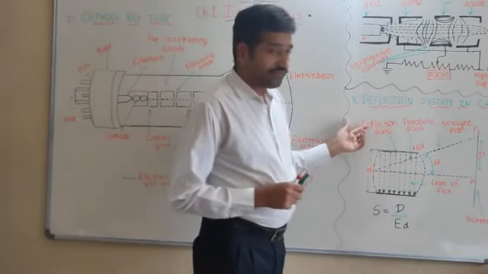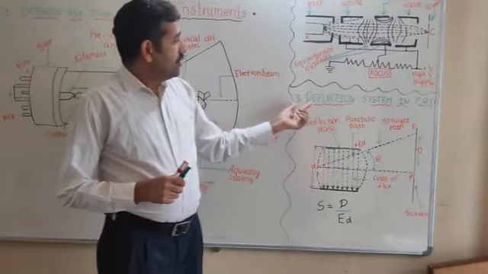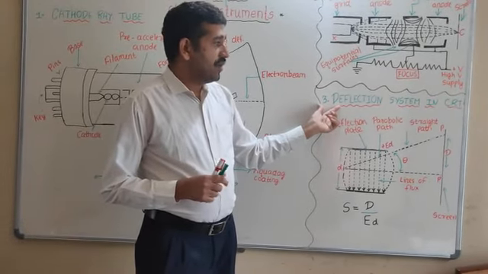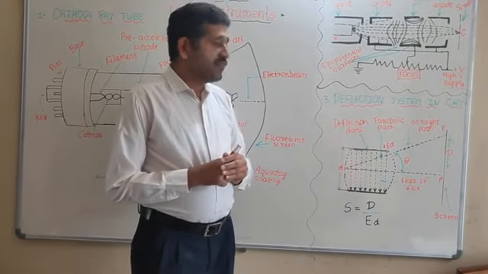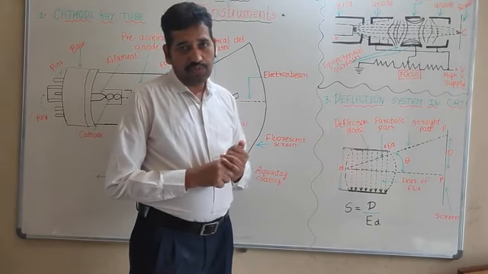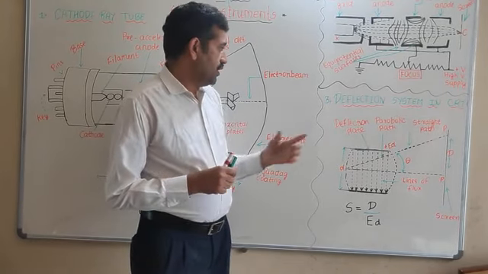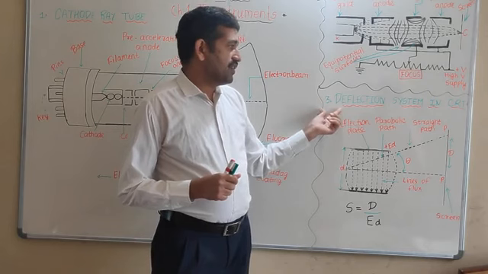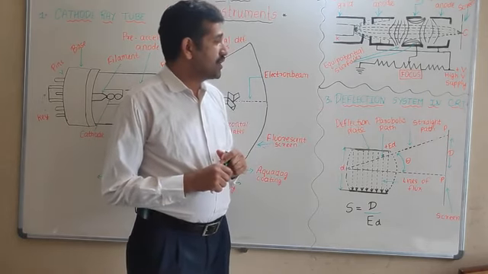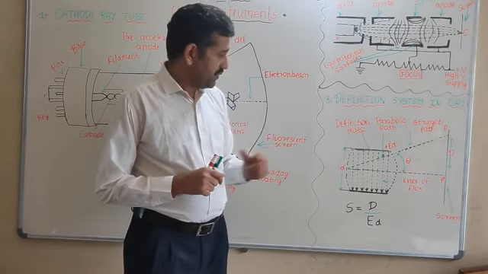Next is how deflection plate assemblies are useful in CRO. In CRO, the deflection system is an electrostatic deflection system.